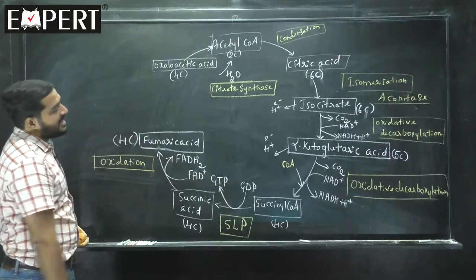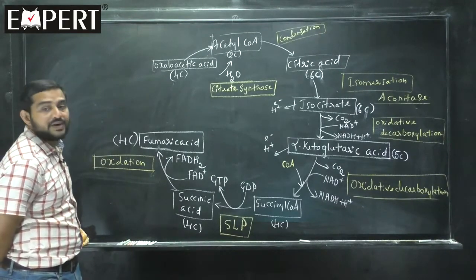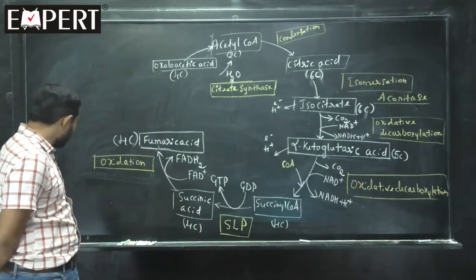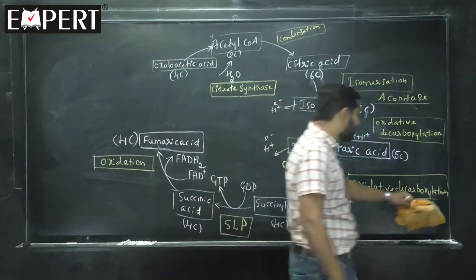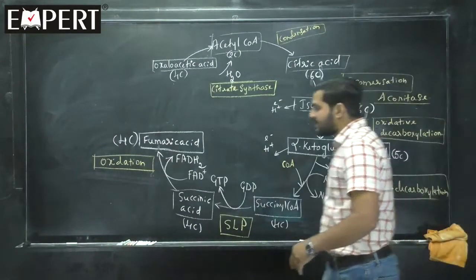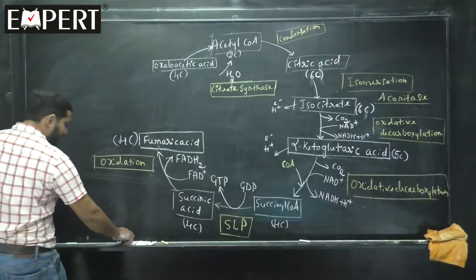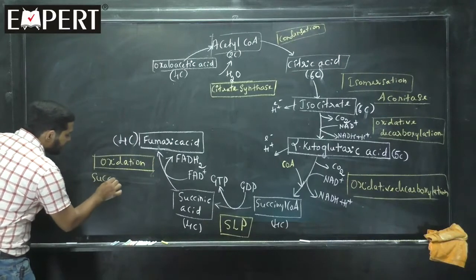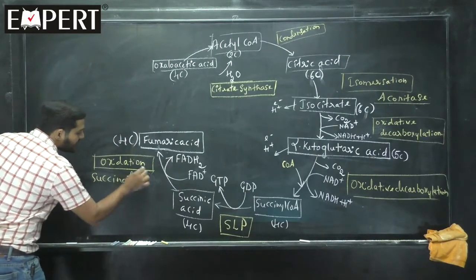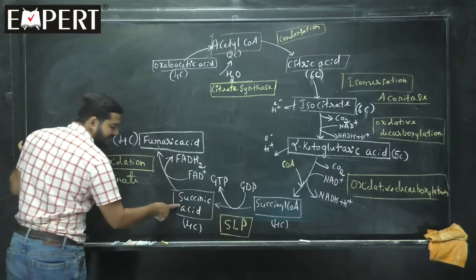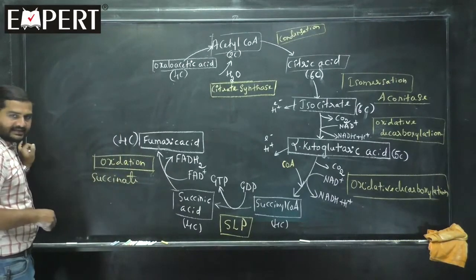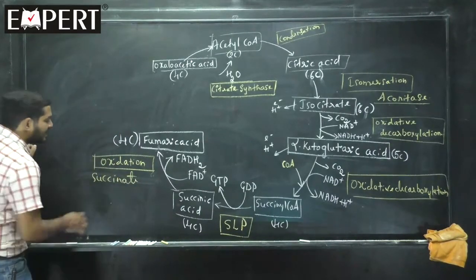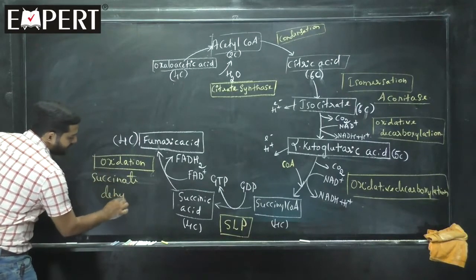When I wrote the isomerization, I wrote the enzyme aconitase. Here once again I am writing one enzyme name, because these enzymes are important. Only important enzymes I am writing. The name of the enzyme here is succinate dehydrogenase, because succinic acid can also be written as succinate.